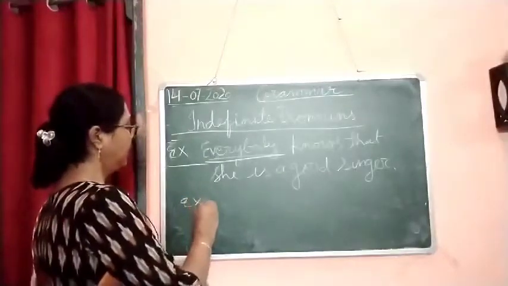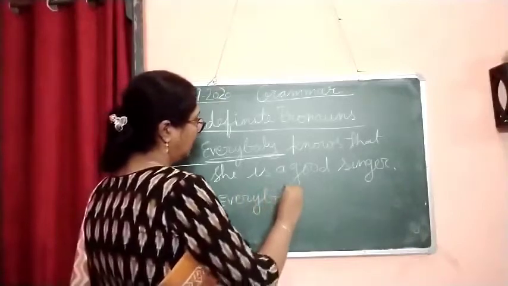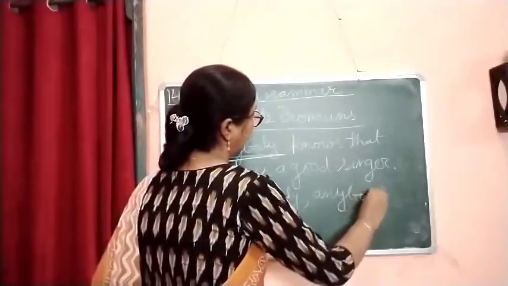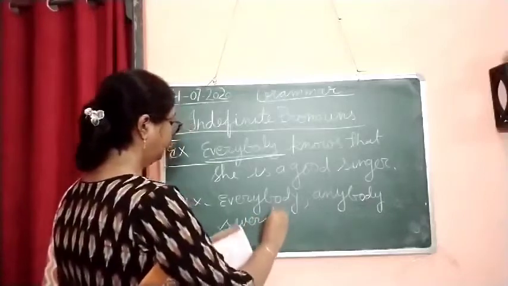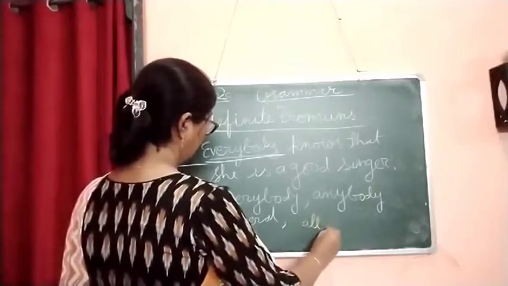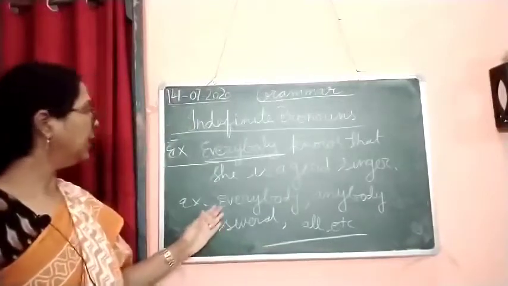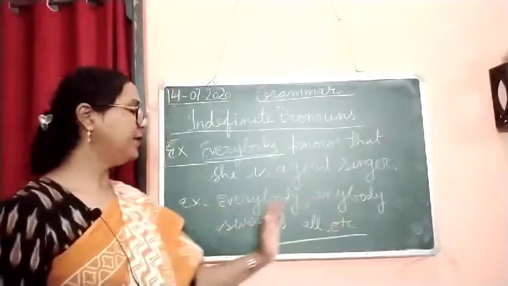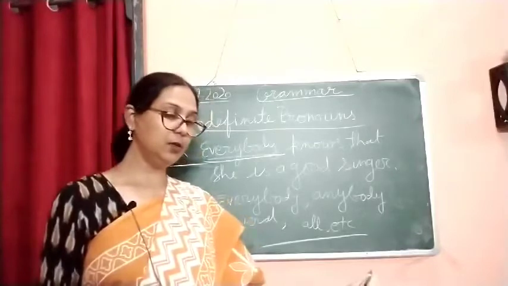So for example: everybody, anybody, several, and all, etc. So these are the indefinite pronouns: everybody, anybody, several, all, etc. So we are moving forward in this video.